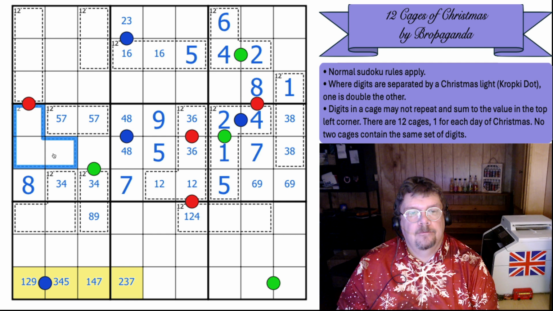Okay. This can't be 2, 3, 7 because I've got a 7 in the box. Can't be 1, 4, 7 because I have a 7 in the box. Can't be 3, 4, 5 because I have a 3 and a 4 in the box. So it must be 1, 2, 9.